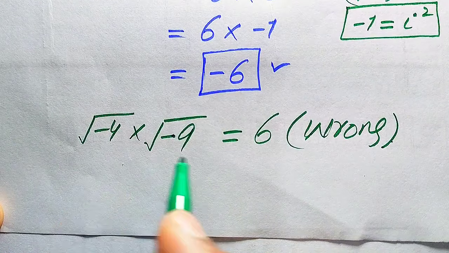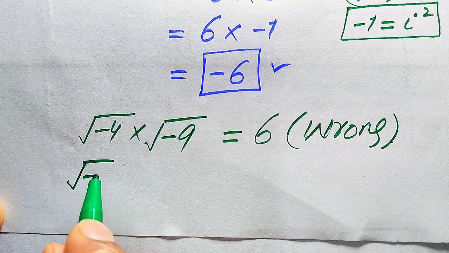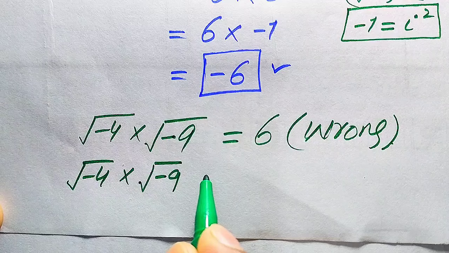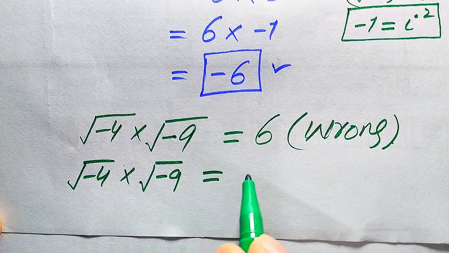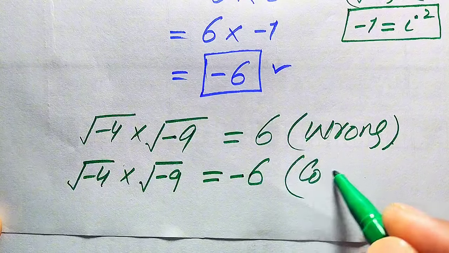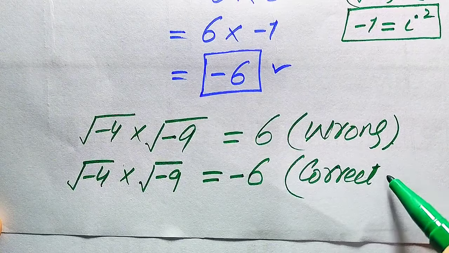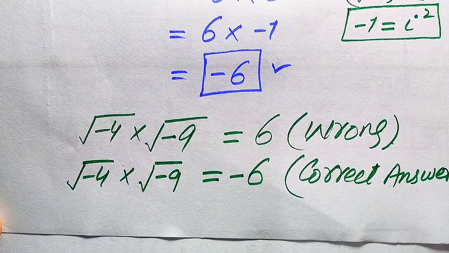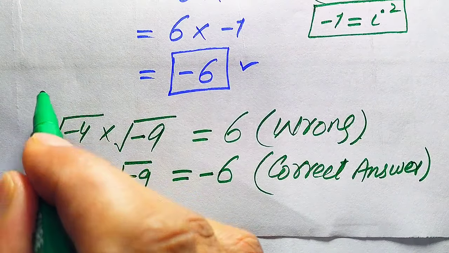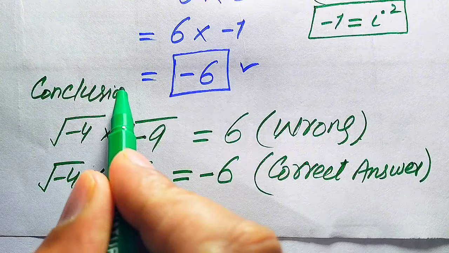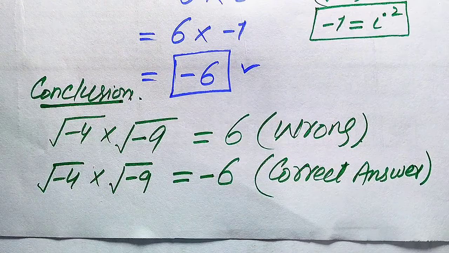The correct answer of this problem is minus 6. So this is our correct answer for the given algebraic expression. This is the conclusion about the solution of the given question.